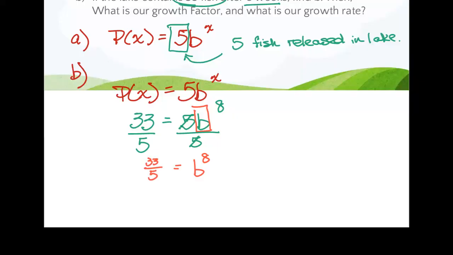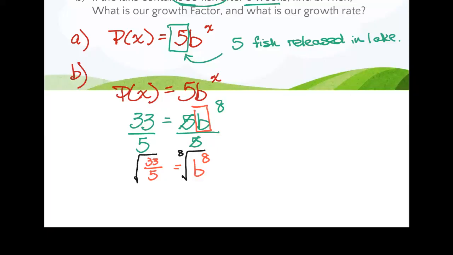We don't want B to the 8th. We just want B. So what would you do at this point? Right, but square means 2, so really we're taking the 8th root. I knew you knew what you meant, but yes, we say taking the 8th root.